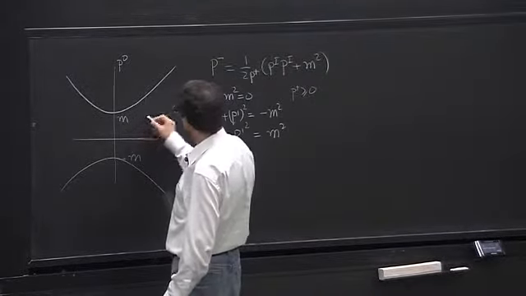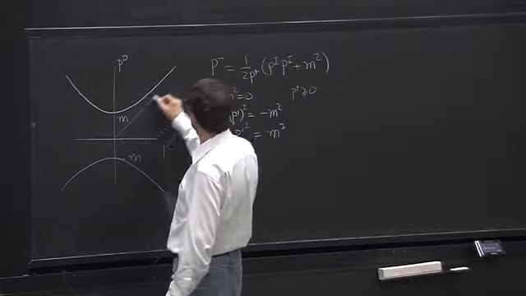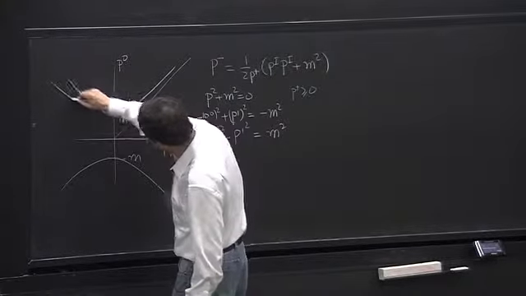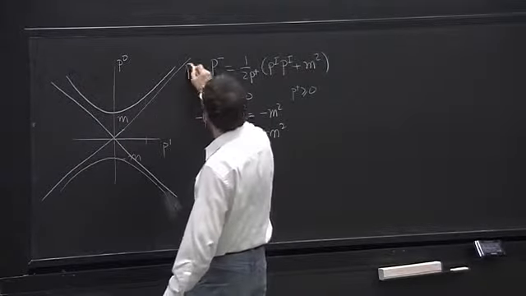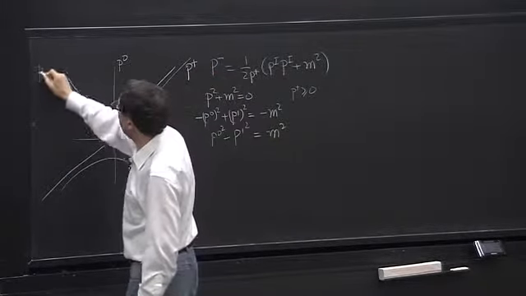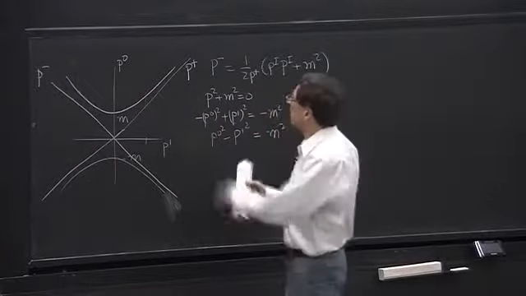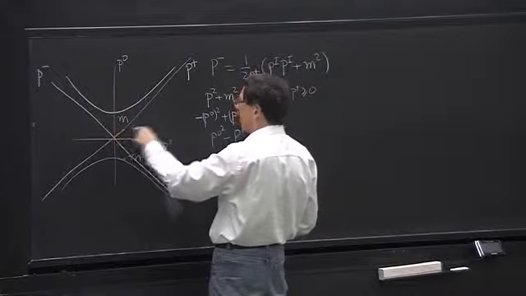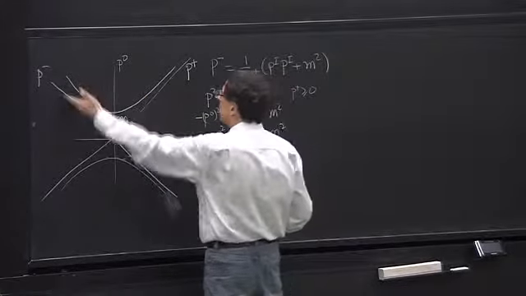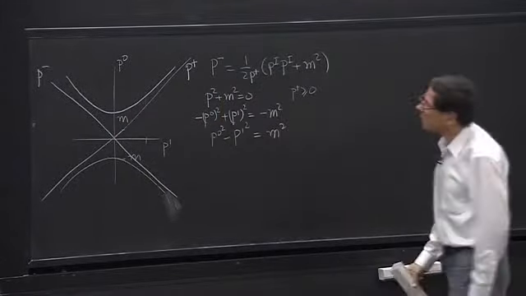Let's realize that this axis here is the P plus axis and the P minus axis. You see, this is P plus because on this line, P minus is 0. P1 is equal to P0, and this is the P minus axis.